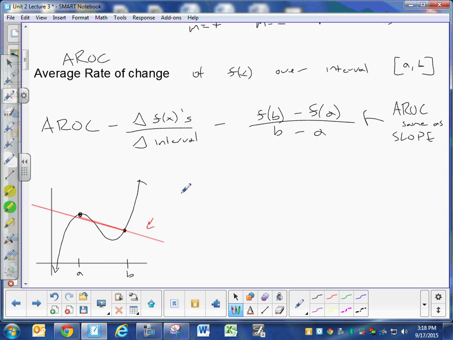This line is what we call a secant line. You know the phrase secant from geometry. It's a line that passes through a circle just twice. Now, this line might pass through more than 2 times. However, if it's passing through 2 distinct points that we're talking about, we'll say that's a secant line. And the slope of this secant line is the average rate of change of the function between a and b.